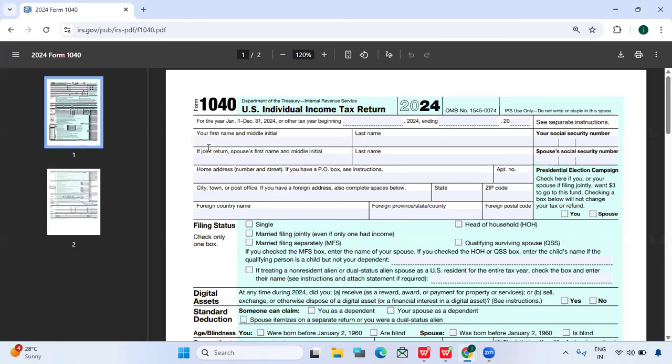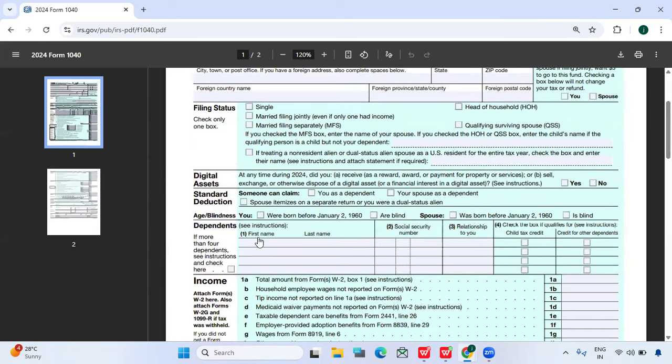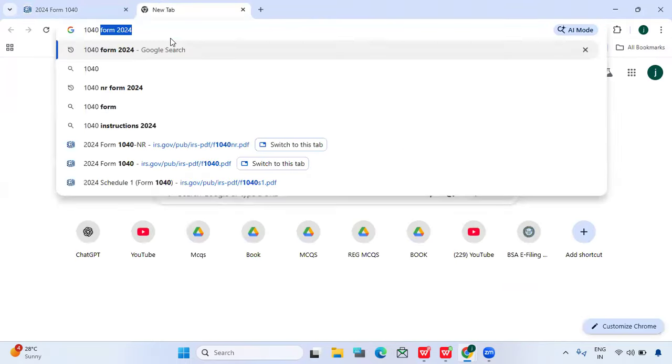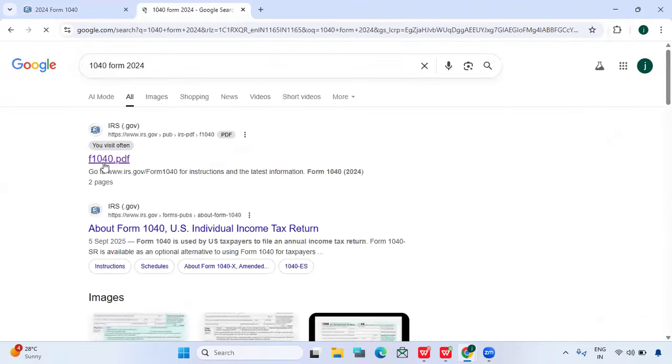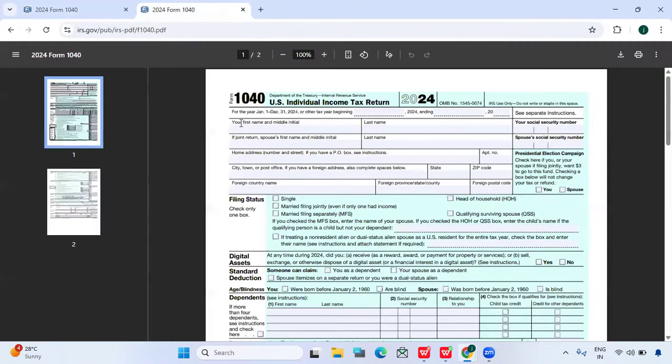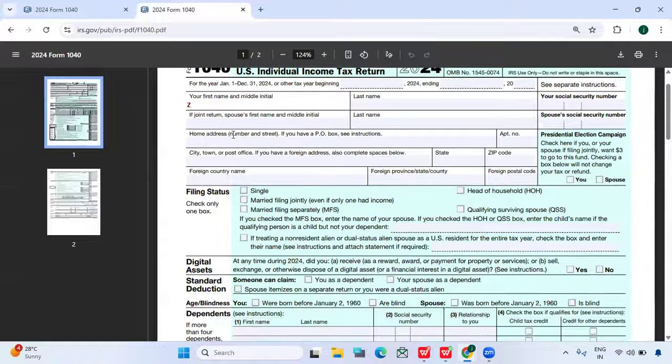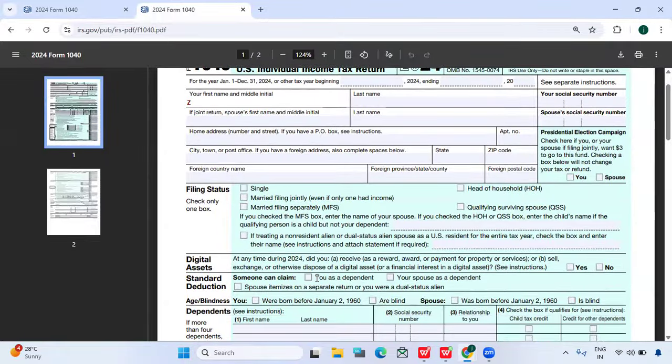Let's say we are preparing Mr. X and Mr. Y, the taxpayer and co-taxpayer, and we have dependent Mr. Z. Now we are preparing another tax return, which is for Z. Z also has some income and some withholdings. Here Z is a dependent, so we have to select the option 'You as a dependent.'